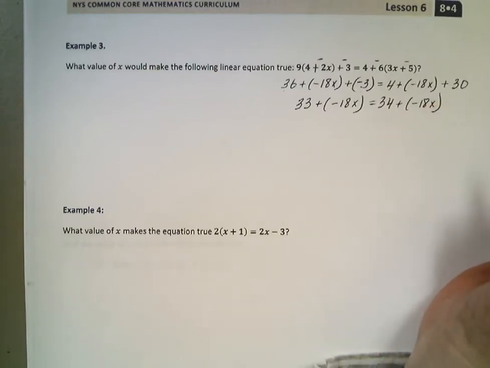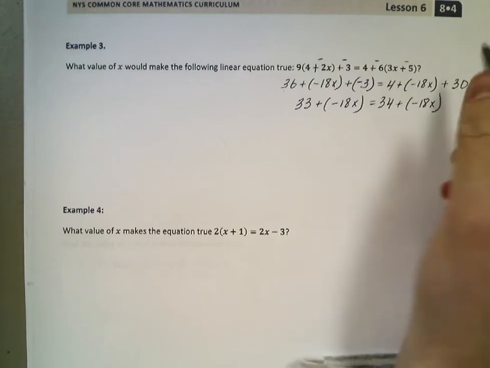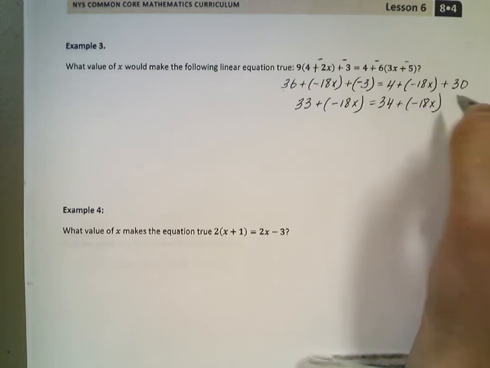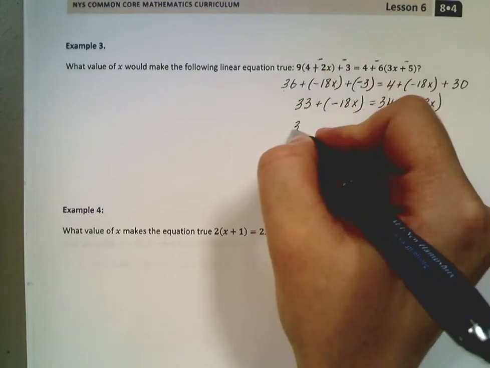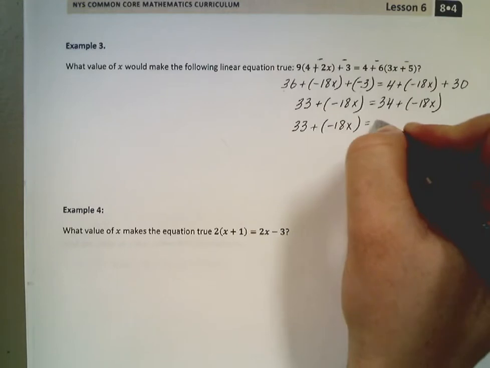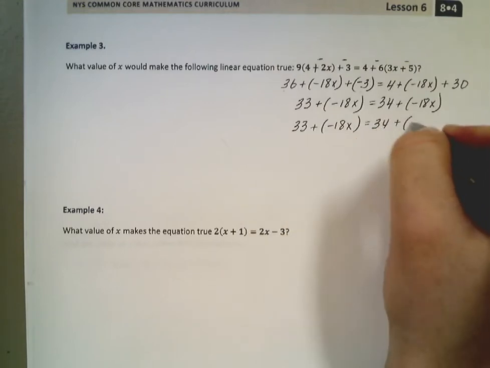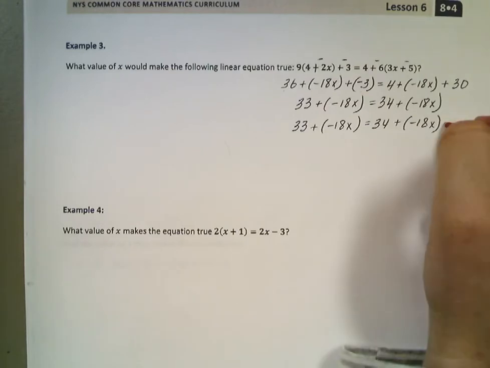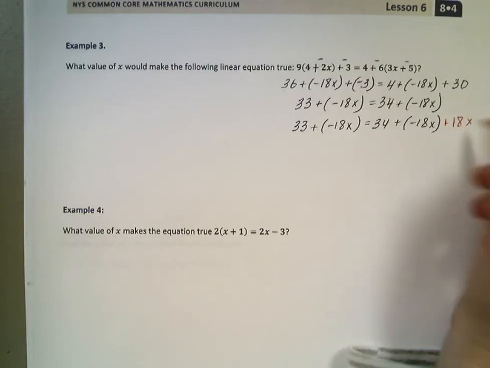Now I like to have positive x, as I always say. So I can move either one to the other side. So I'm going to rewrite this. 33 plus negative 18x equals 34 plus negative 18x. And I'm going to add positive 18x to both sides.